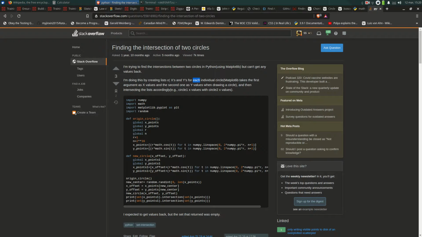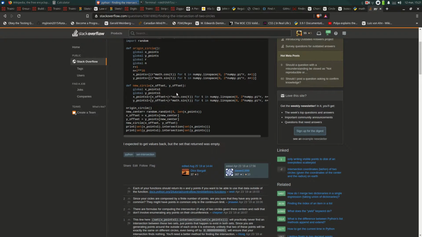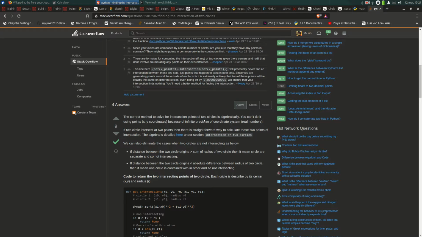So yeah, I'm trying to find intersections. I'm doing this by creating a list of x and y's for each individual circle. Matplotlib takes the first argument. Using points because of infinite precision, yeah. And there is a straightforward way to calculate these 2 points.